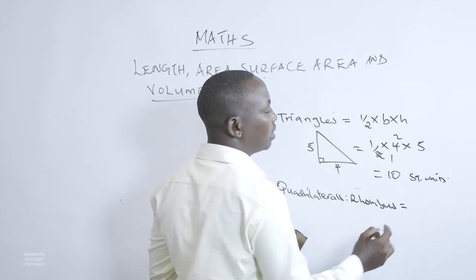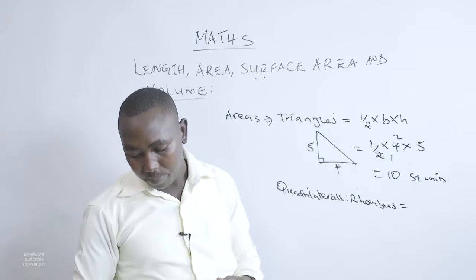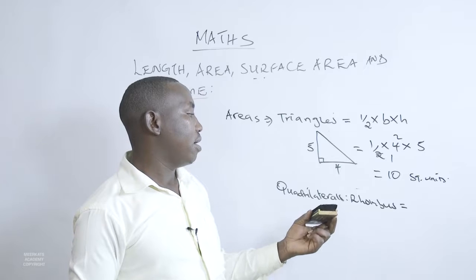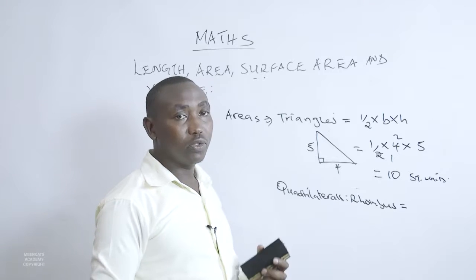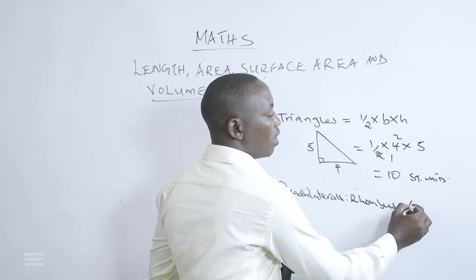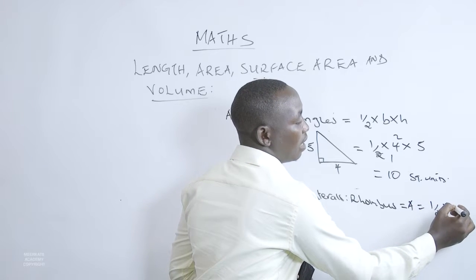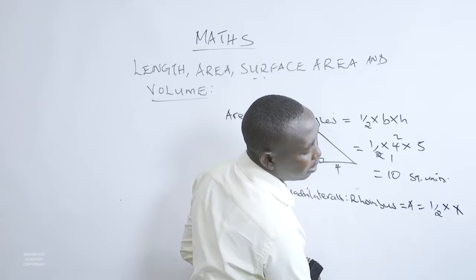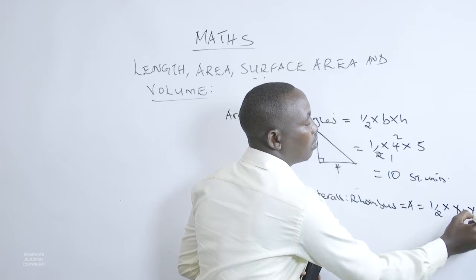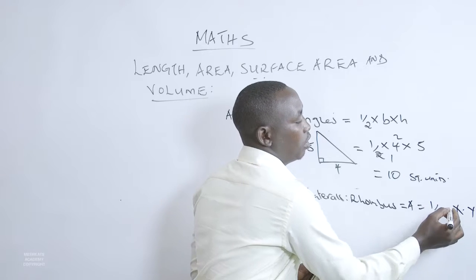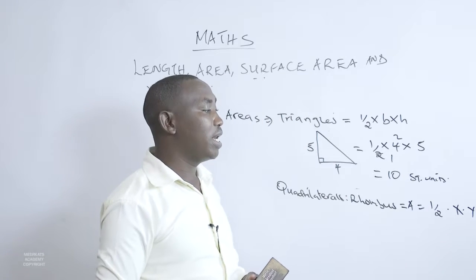Where we say that a rhombus is a twisted square, and for you to be able to get the area of a rhombus, which is a twisted square, we normally take a half multiplied by the product of the diagonals.